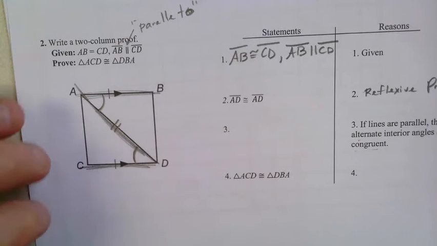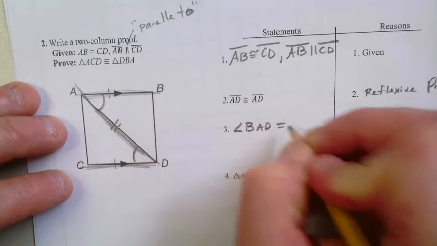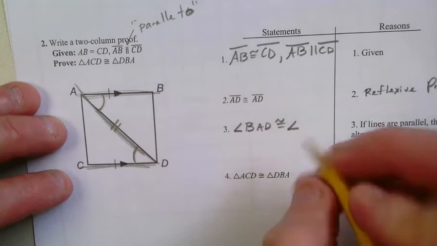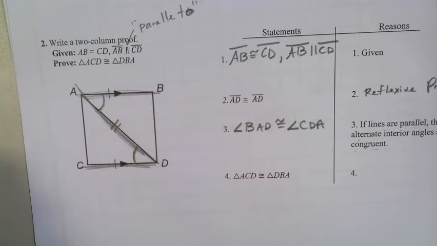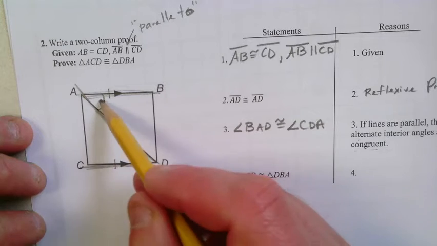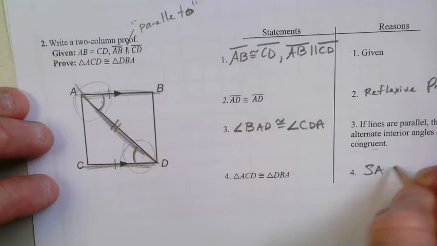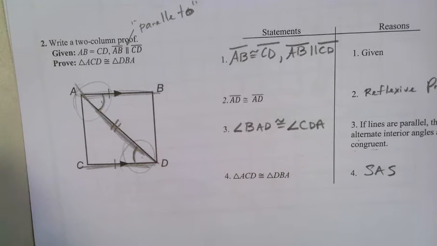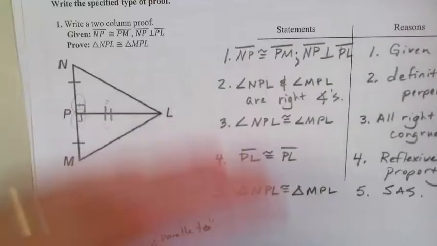Those two have to be congruent. So I'm going to say this, angle BAD is congruent to angle CDA. Now if we have that, these two sides congruent to these two sides, the included angles congruent, I'm going to go ahead and say that the triangles are congruent by side, angle, side. So hopefully you did pretty good at that one right there.